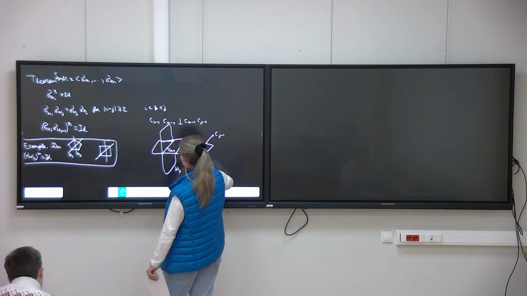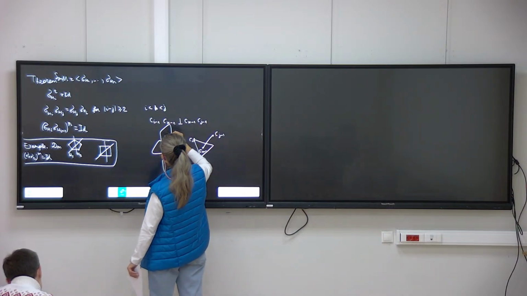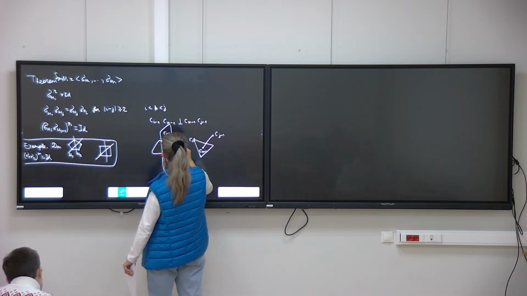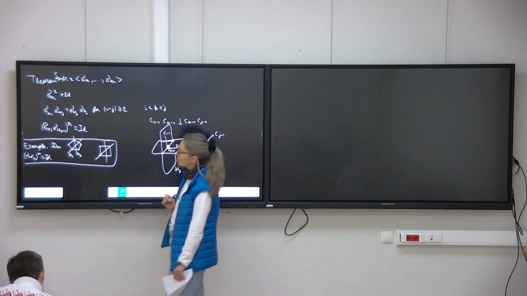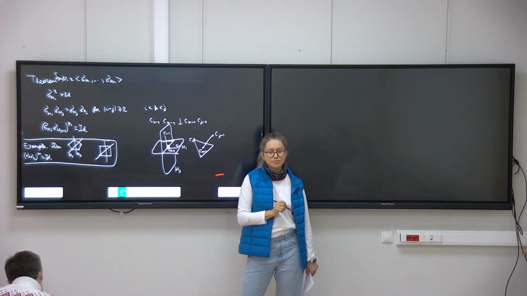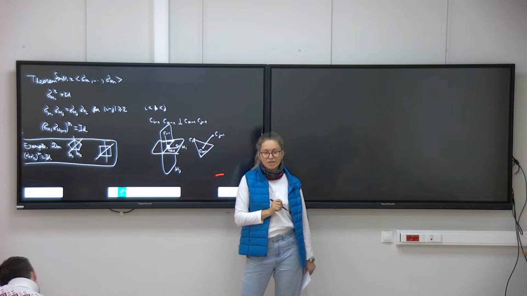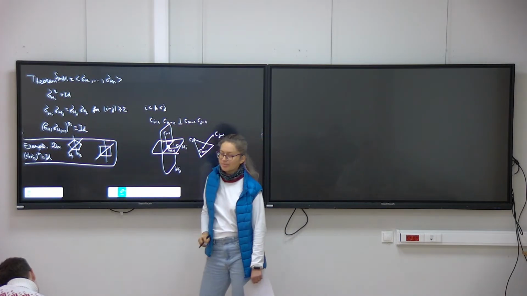Then H j doesn't contain this one, but it contains C i minus 1, and this contains C j minus 1. So it means that two hyperplanes are orthogonal. And we are done with the first part of this theorem.